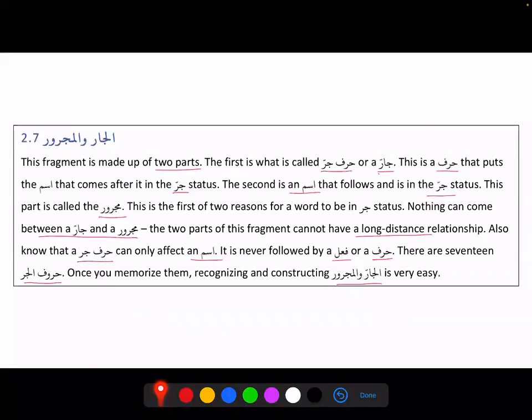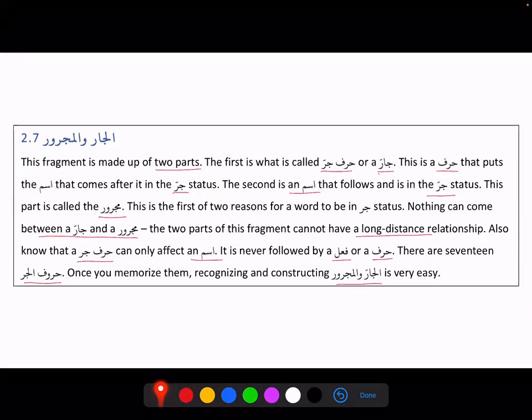Now the Jar-Majrur fragment is made up of 2 parts: harfu jar and ism majroor. This is how we are going to label the Jar-Majrur fragment. The first is called harfu jar or jar, a harf that puts the ism that comes after it in the jar status.